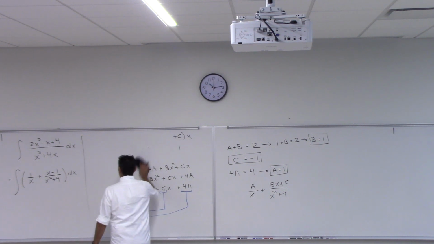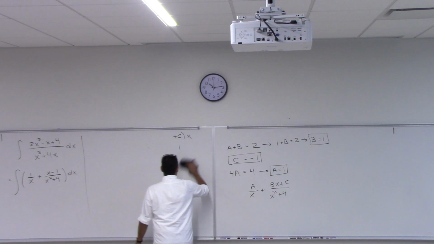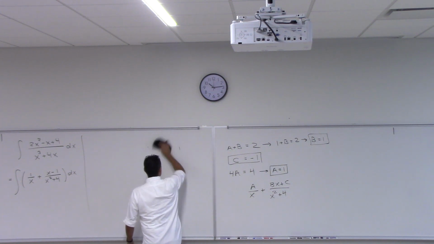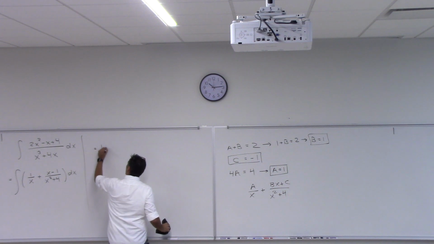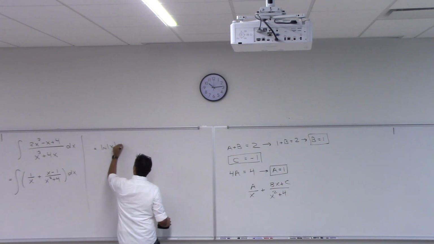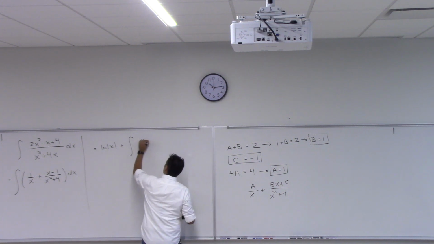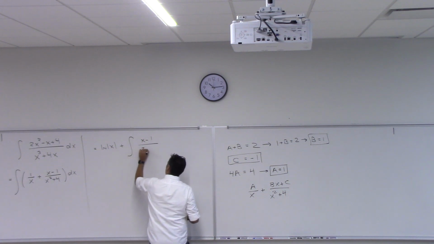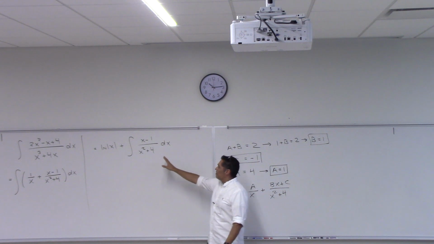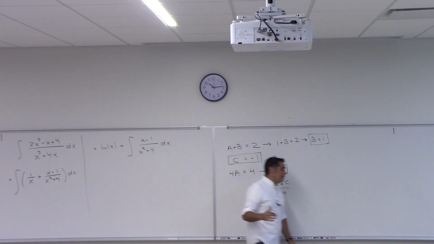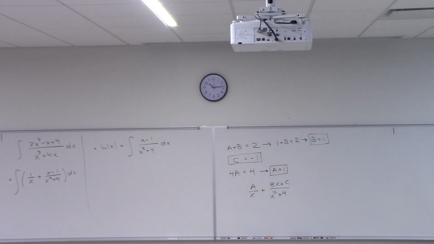There are two ways to do the second one. Let me just get the first one over with. This is equal to natural log absolute value of x plus the integral x minus 1 over x squared plus 4 dx. And like I said, there's a couple of ways to do this, but I'm going to follow exactly what I told you in the notes.